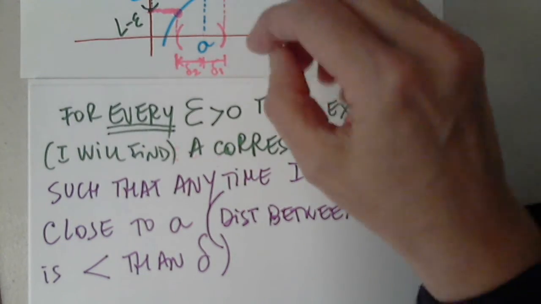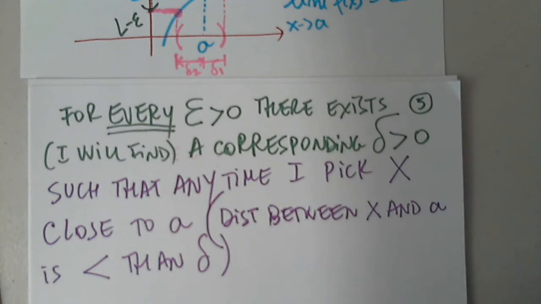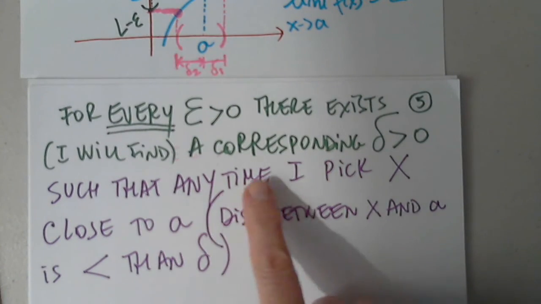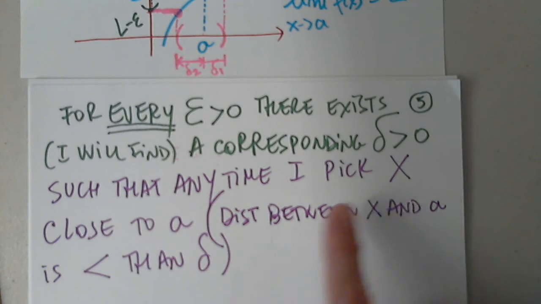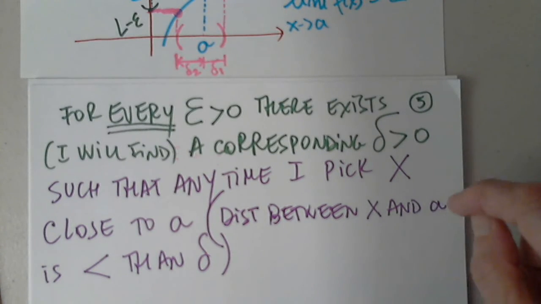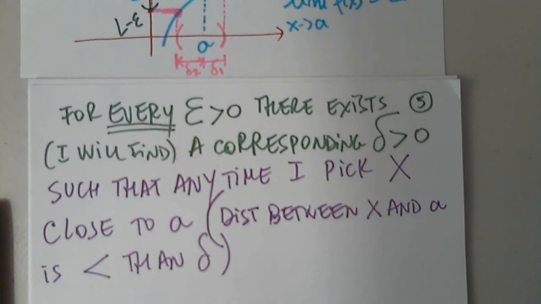So according to the graph, I determine this one, which is definitely smaller than this one. So for every epsilon there exists a corresponding delta positive, such that anytime I pick x close to A, so that the distance between x and A is smaller than delta, watch me pick.